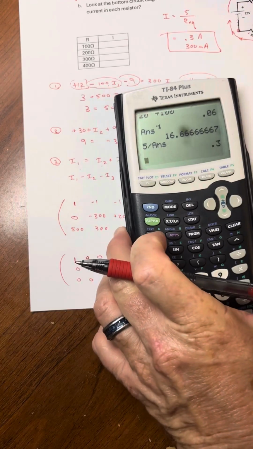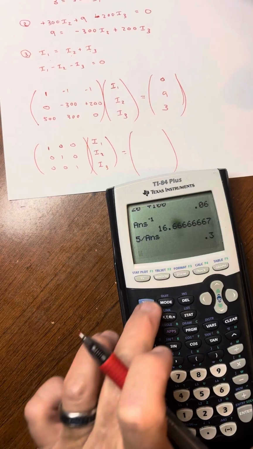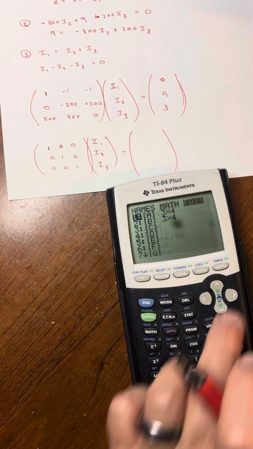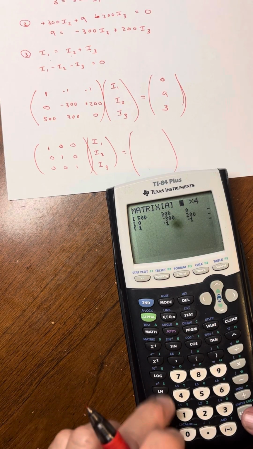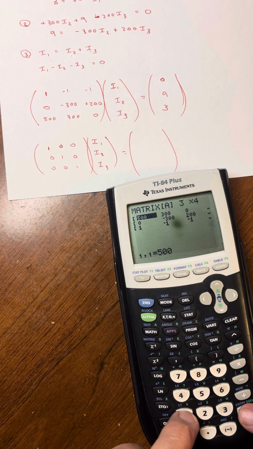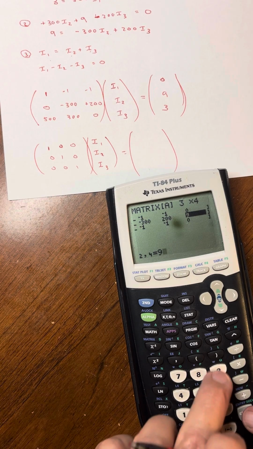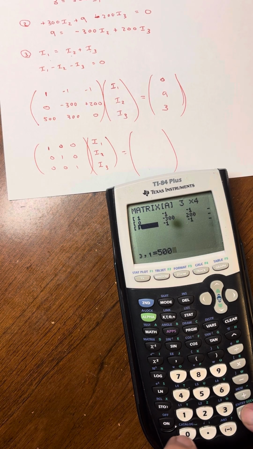All right, so grabbing my calculator here and going to my matrix and going to edit, I need a 3x4 matrix. And it would be a 1, negative 1, negative 1, 0, 0, negative 300, 200, 9, 500, 300, 0, 3.